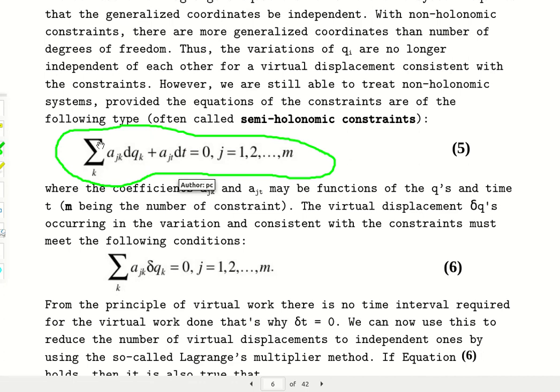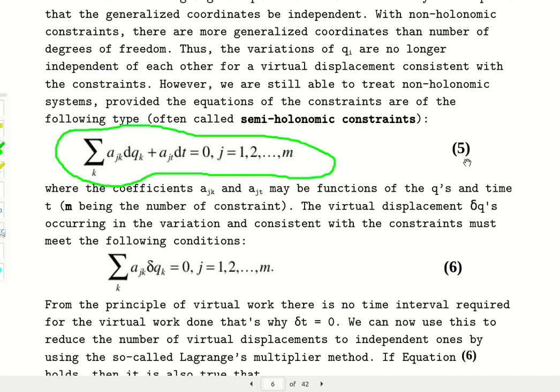So k runs from 1 to n, and there are n generalized coordinates, and j is equal to 1 to m, where small m is the number of constraints. So we get m such equations. Equation 5 denotes a group of m equations, that is, the differential equations of constraints. So we have to first find out a_jk and a_jt, those are the things.